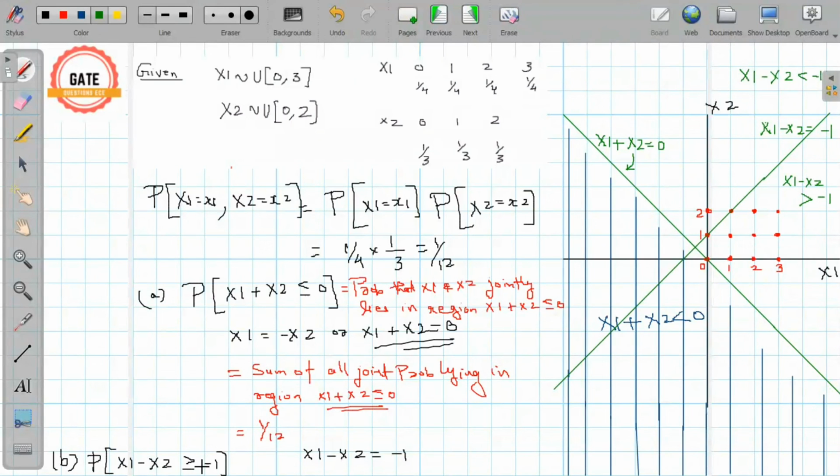So our region of interest according to this question is the region that includes this boundary as well as the region that is lying below this line.